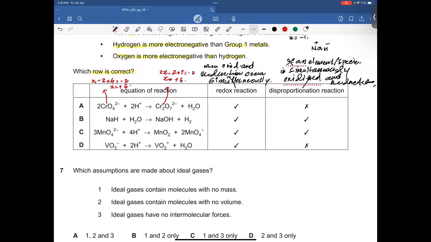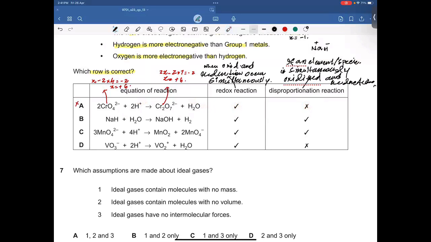All right? Which means in this reaction, there is no change of oxidation state of chromium, right? Which means it is neither redox nor a disproportionation reaction. Also, here, the oxidation state of hydrogen is +1, and that will remain the same. So there is no change in oxidation state in this reaction. So it's not going to be redox, it's not going to be a disproportionation reaction. So option A is incorrect.